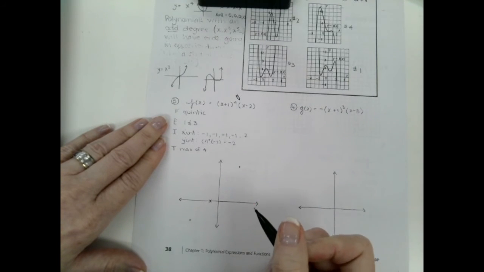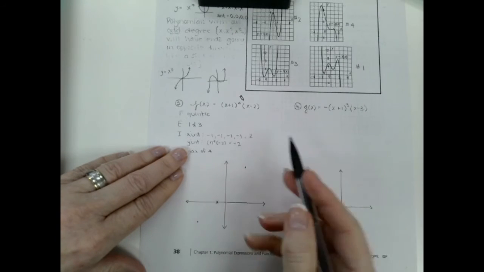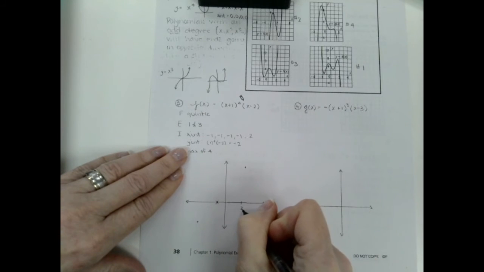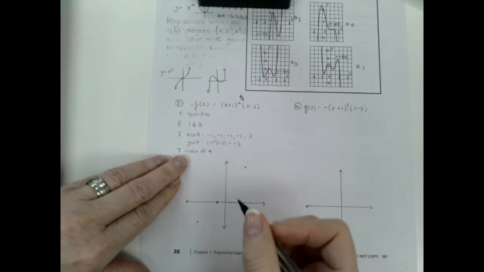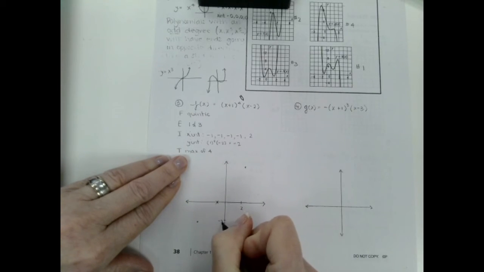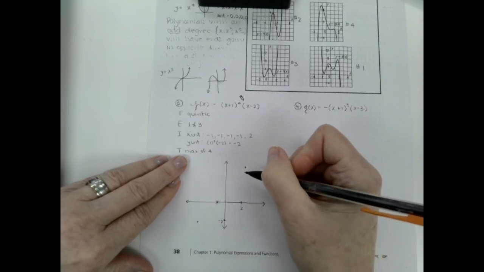So I'll mark that with an X. And then X-intercept of 2, so that's going to be 2. And now let's see. Oh, Y-intercept, I can put that on, -2 here. And down we go.